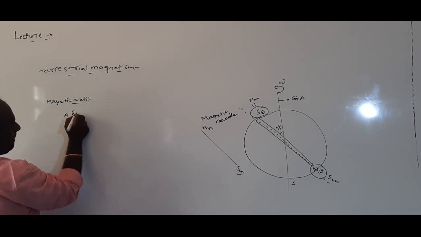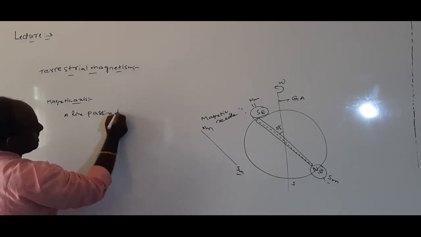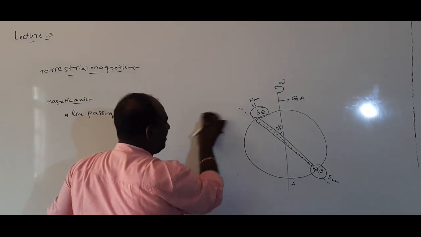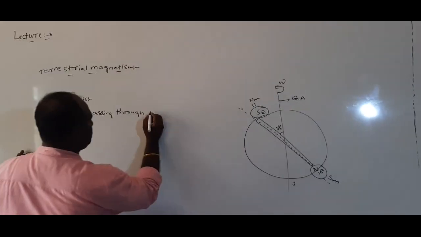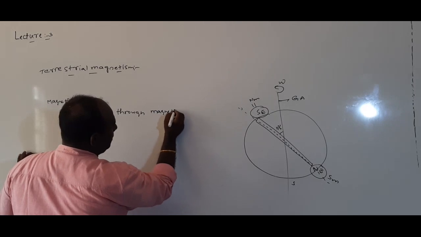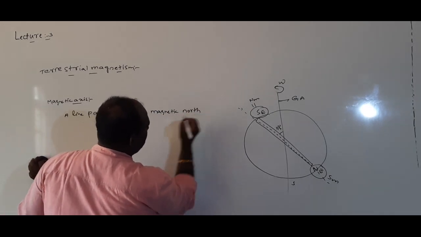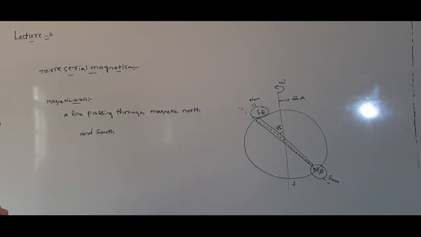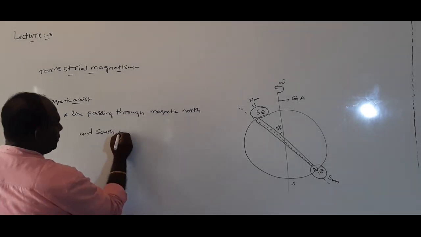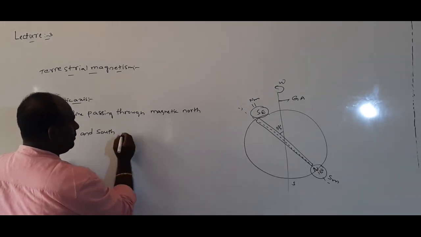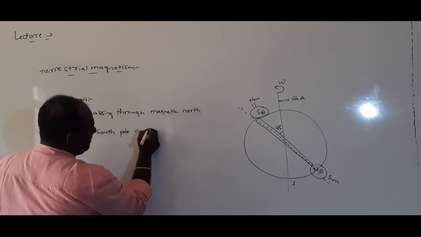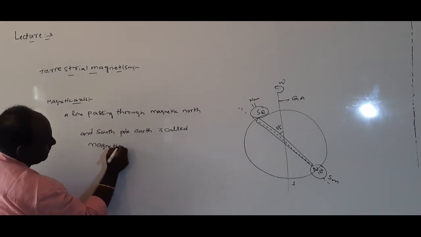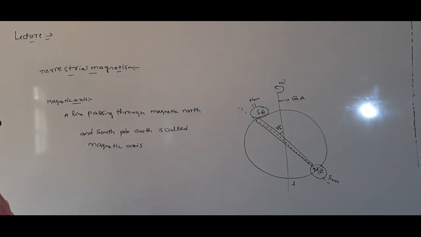A line passing through the magnetic north and magnetic south pole of Earth is called the magnetic axis. Now, magnetic meridian.